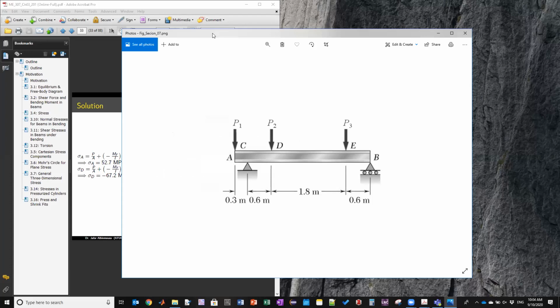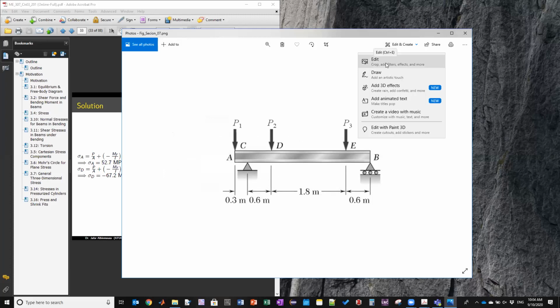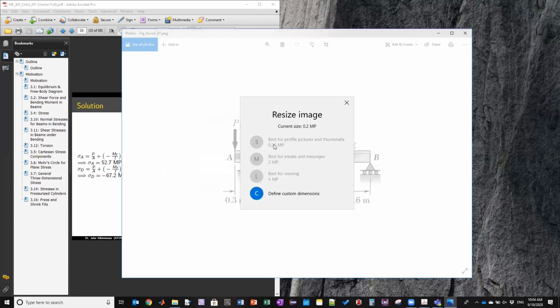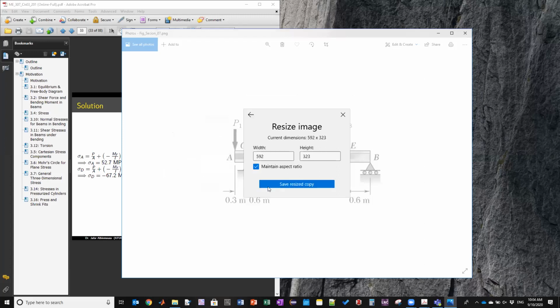Yes. Okay. All you need to do, this is Windows. I open the figure, and then I can just go to edit. There is a very short menu here for the most needed things that you usually use, like resize. And when you resize, you can put any dimensions you want.